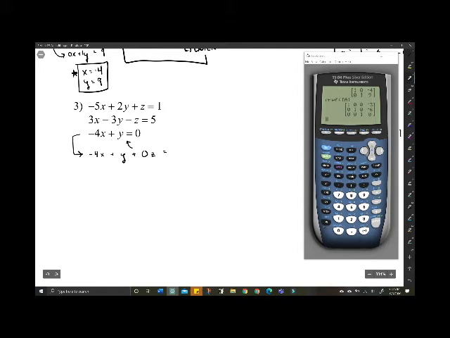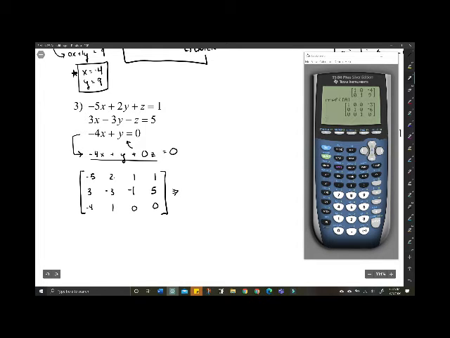Z equals 0. Now, when you write your matrix down to use, it would be -5x plus 2y, well, just -5, 2, 1, and 1. 3, -3, -1, 5, and -4, 1, 0, and 0.